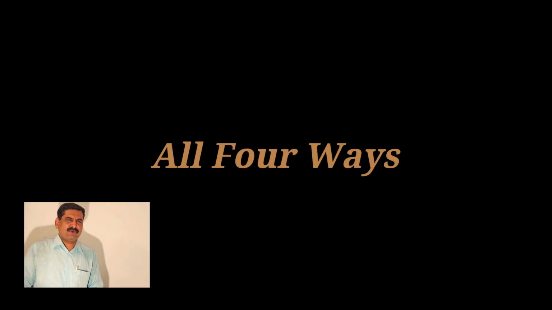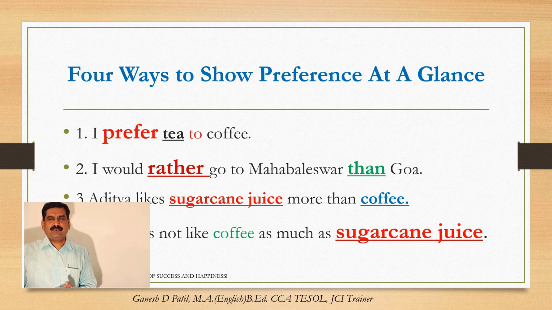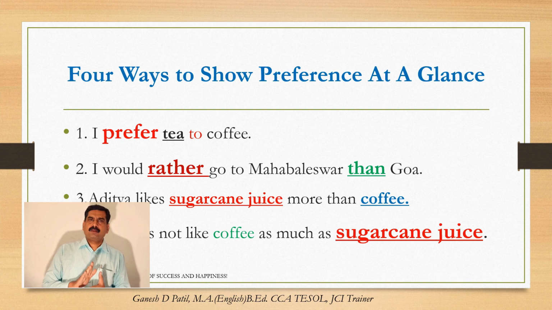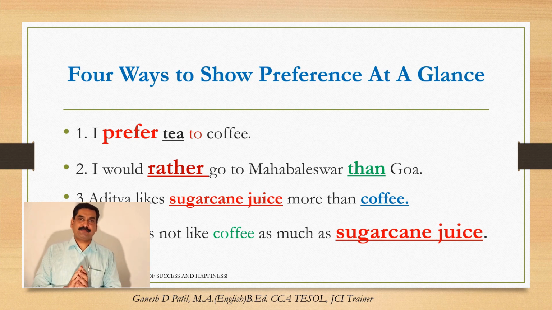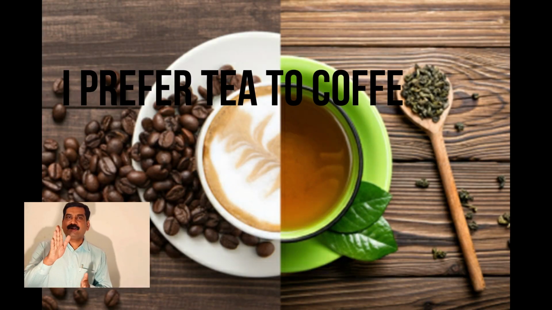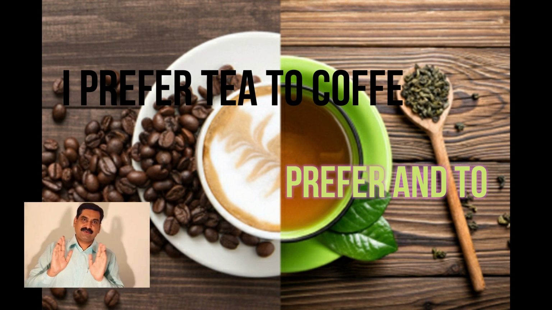Let us have a look at all the four ways to show preference. Number one, prefer to. Number two, would rather dash than. Number three, comparative degree. And number four, positive degree. Let us see one example. I prefer tea to coffee. Prefer and to.